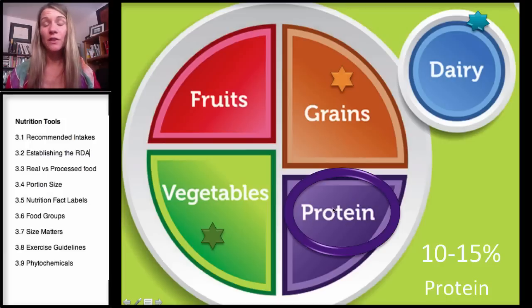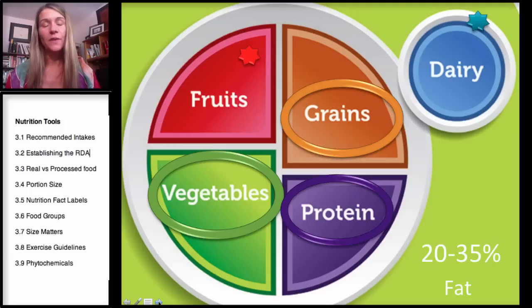But again, beans and legumes are a really good protein source. We're going to get a little bit of protein from vegetables, and also in grains. Grains actually have protein as well. And dairy is a very good source of protein as well. Very few fruits are going to have much protein, although there might be little tiny bits of protein in there.